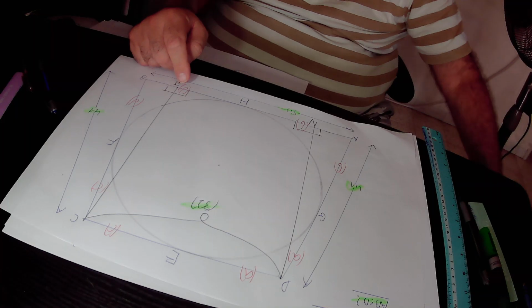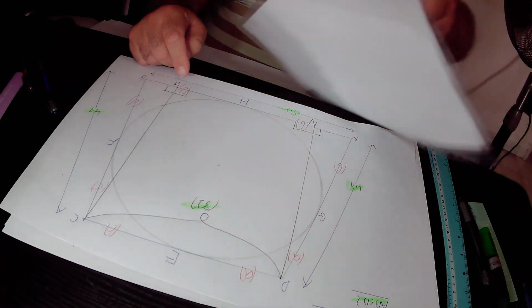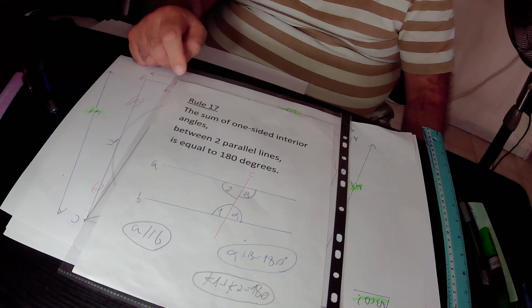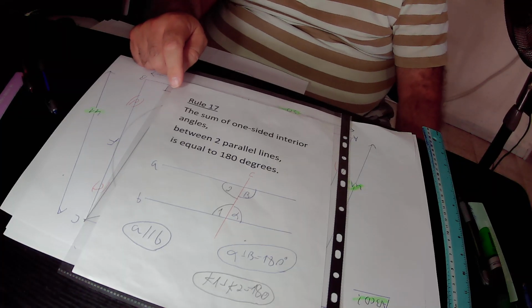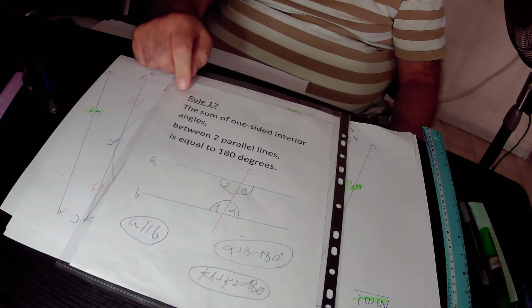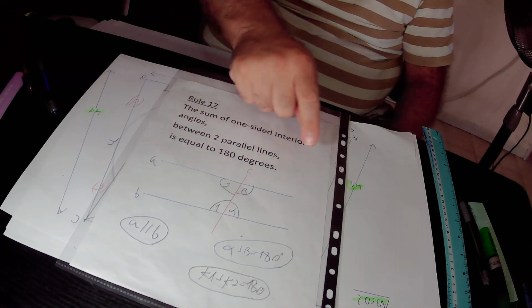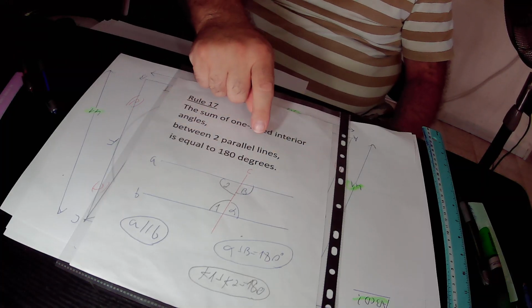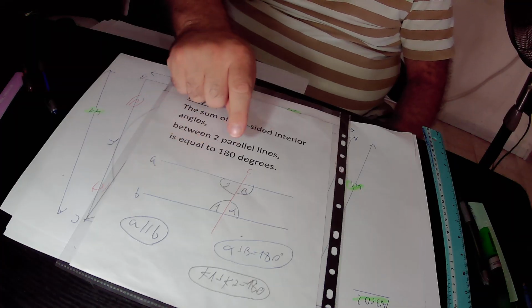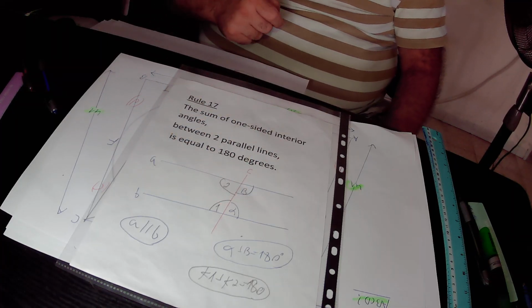So, okay, click on Rule 17. According to Rule 17, the sum of one-sided interior angles that are located between two parallel lines is equal to 180 degrees. In the drawing, we have line A that is parallel to line B. The red line C cuts those two parallel lines at those two points.